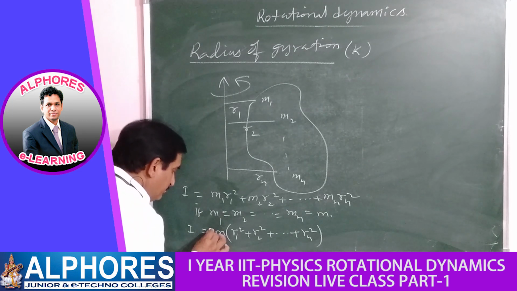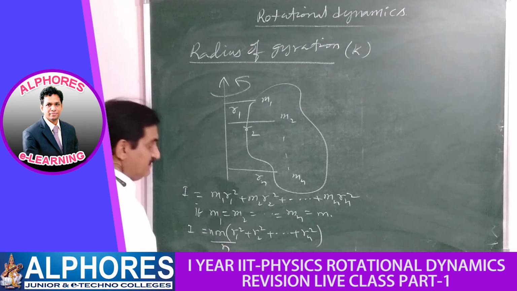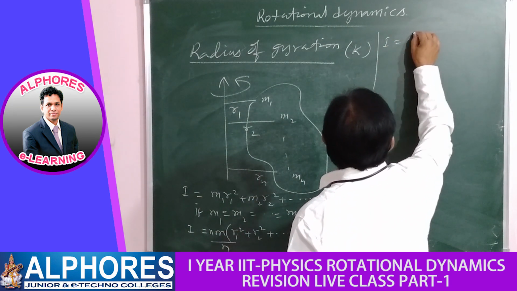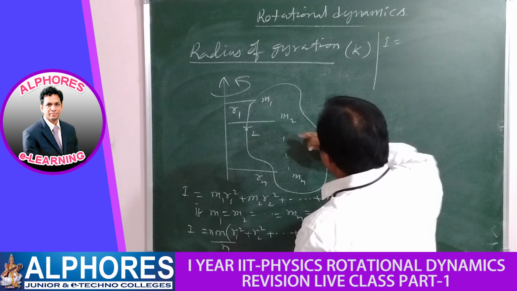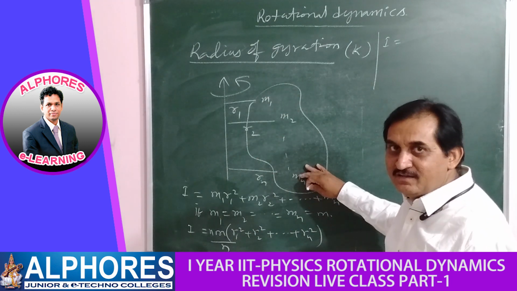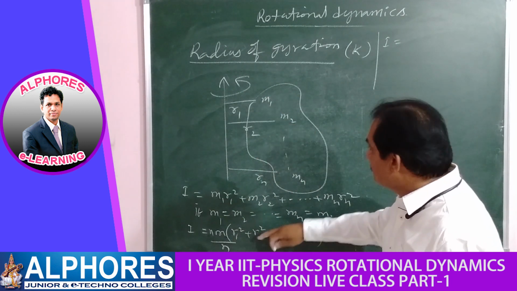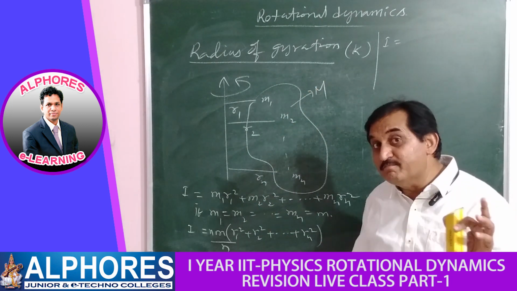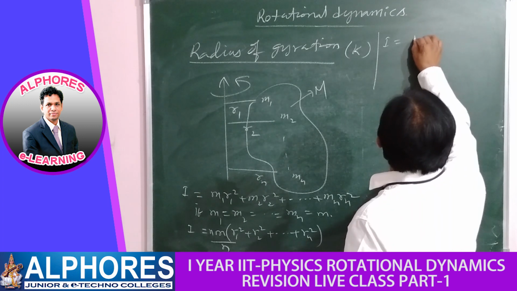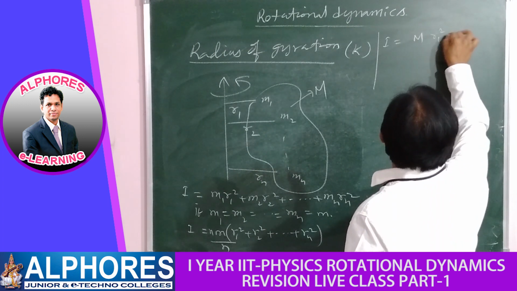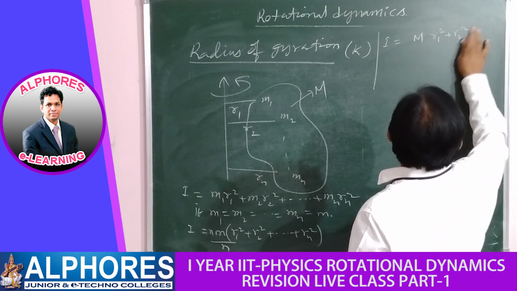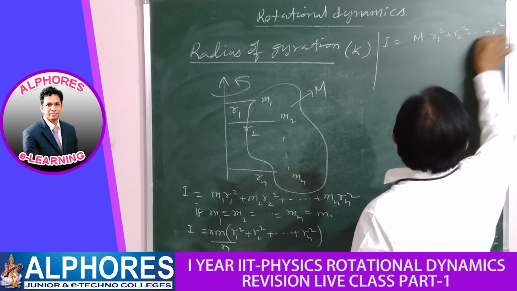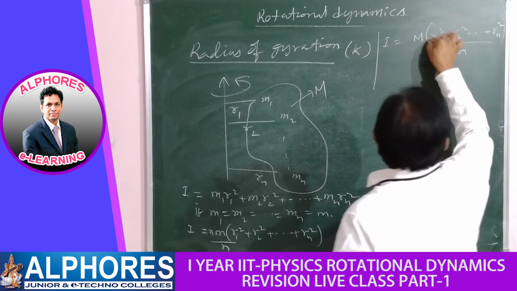So it is multiplied and divided by n. Then the equation leads to I is equal to n into m. It means n particles are there, each of mass m, then n into m gives us capital M, the total mass of the system, times r1 square plus r2 square plus so on, rn square, by n.